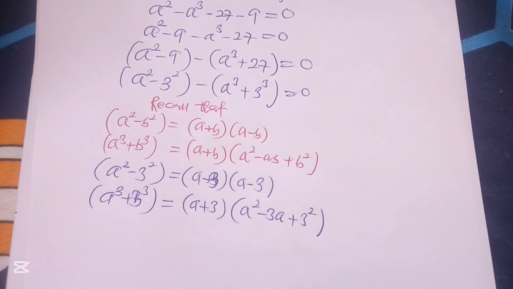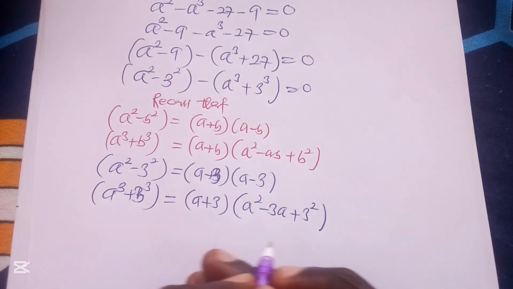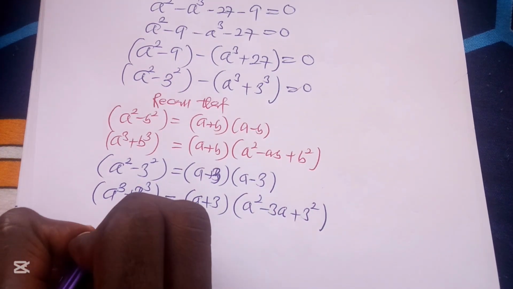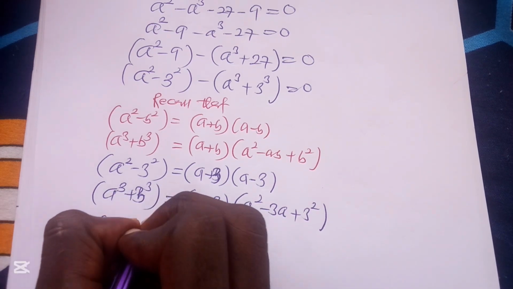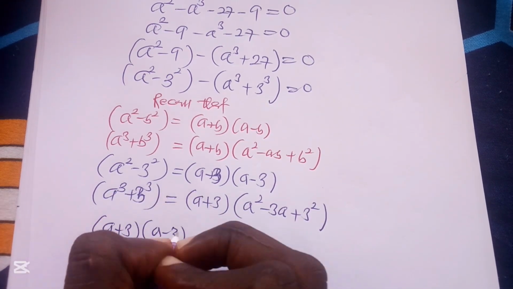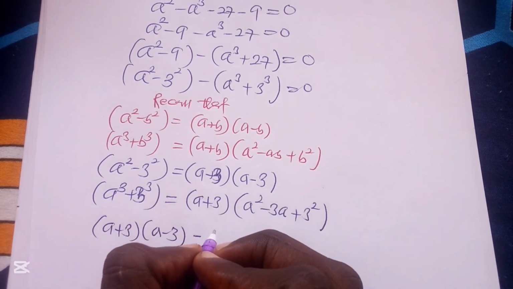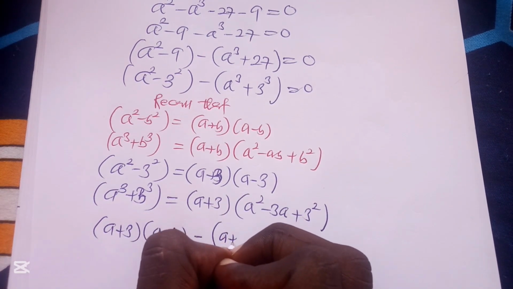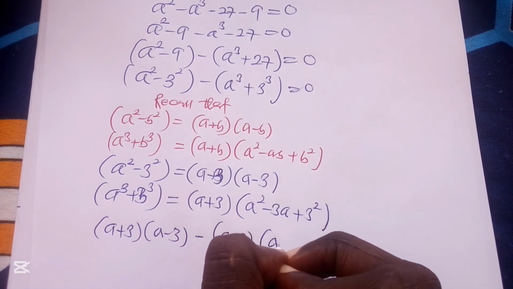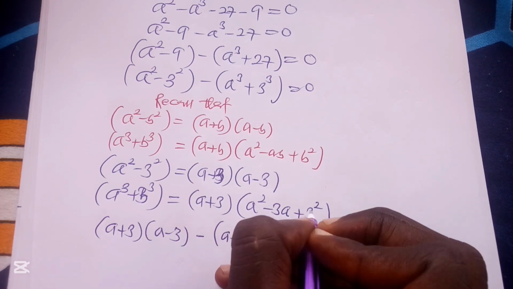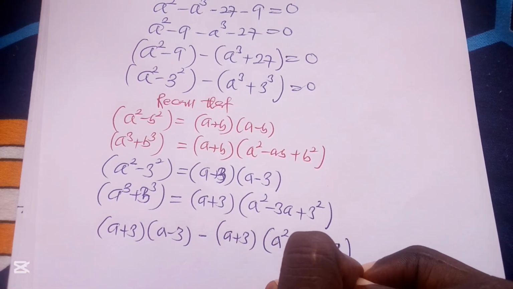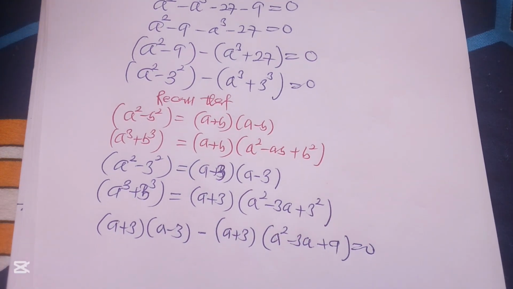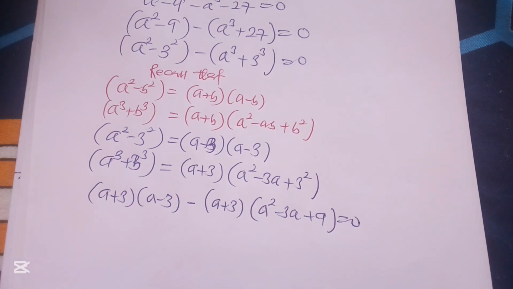We have substituted now. Now we can say a plus 3 into a minus 3 minus into a plus 3 into a square minus 3a, 3 square giving plus 9. Then everything becomes 0. Now if we are to factorize, what do we think is common?